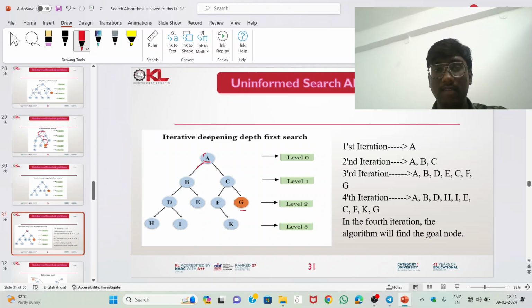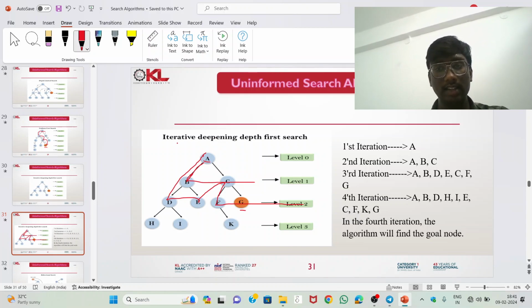Then at the next level, we visit all the nodes at that depth, A to B, B to C. Still we do not find it. So again we increase the depth by one level, A to B, B to D, D to E, and backtracking E to C, C to F, F to G.